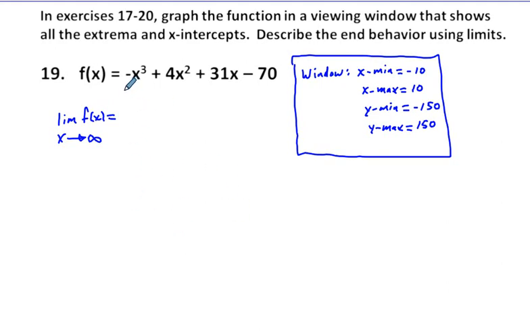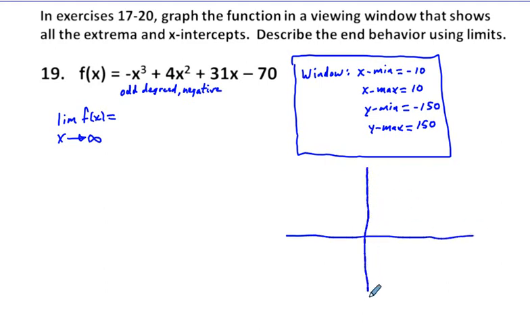Our nature is going to be odd. It's going to be odd degreed. And it's going to be negative. Now when you have an odd negative, you're going to start high and end low.